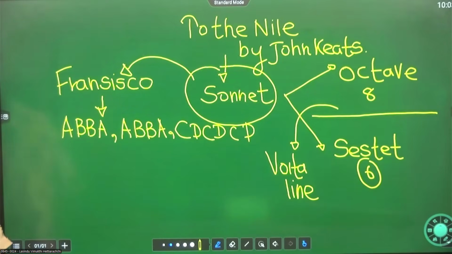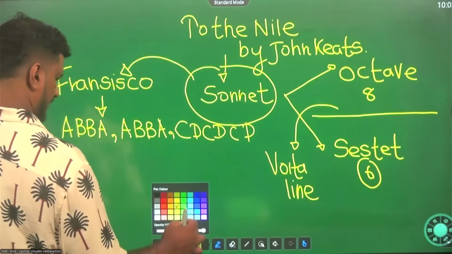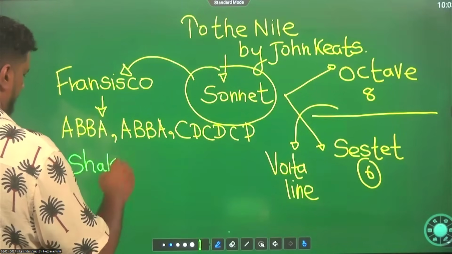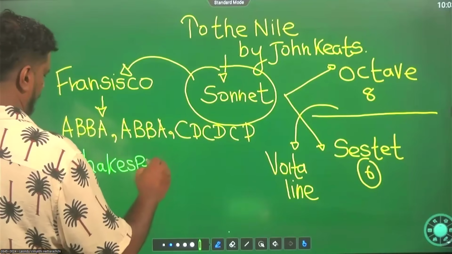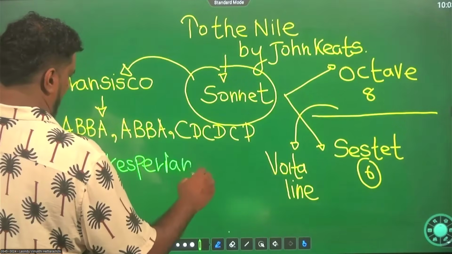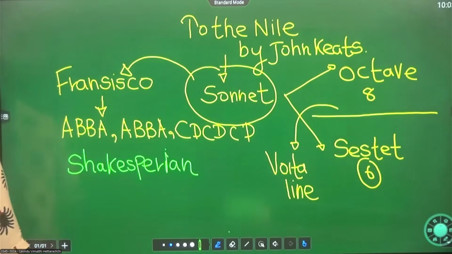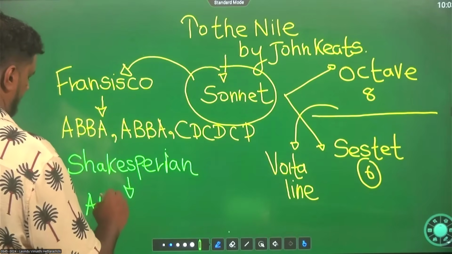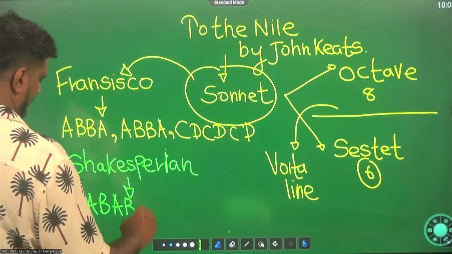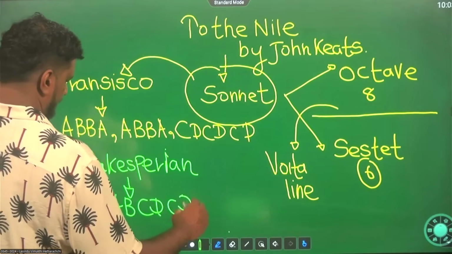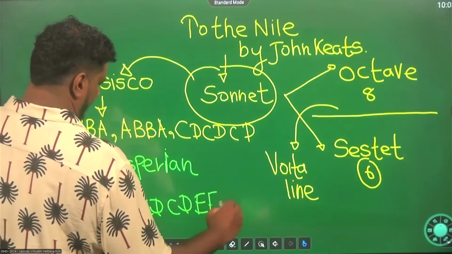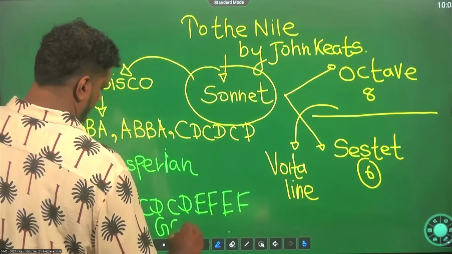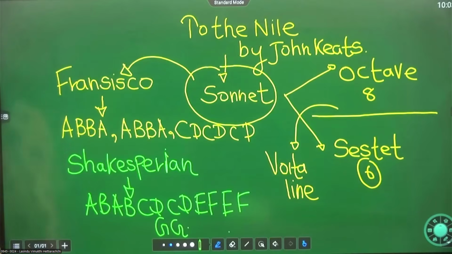Now, if you refer to Shakespearean sonnets, we also have 14 lines. Basically we have the same, but a different rhyming scheme, where we find ABAB, CD, CD, EF, EF, GG, rhyming couplets.